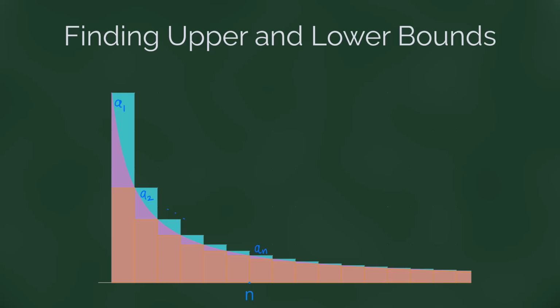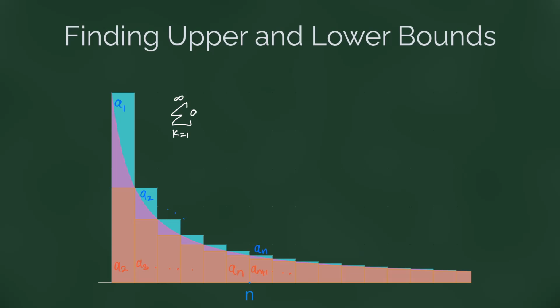If we look at the orange rectangles, the first rectangle is a sub 2, then a sub 3, and so forth, which means this rectangle here is going to be a sub n plus 1, and so on and so forth. So we're going to consider our series, the sum from k equals 1 to infinity of a sub k.